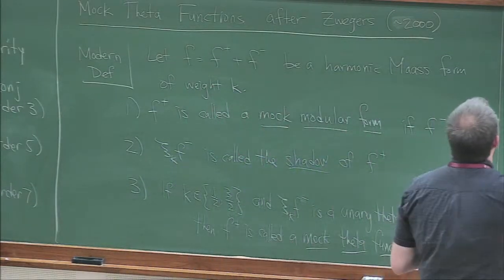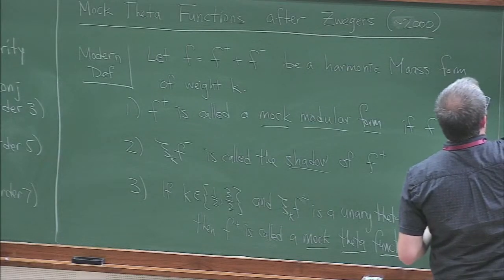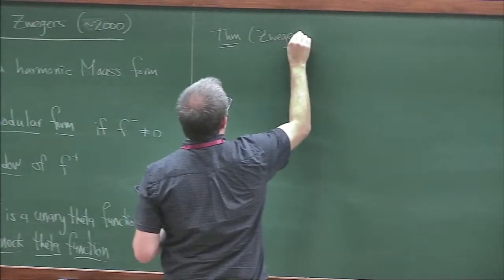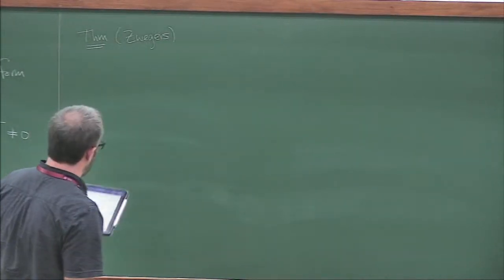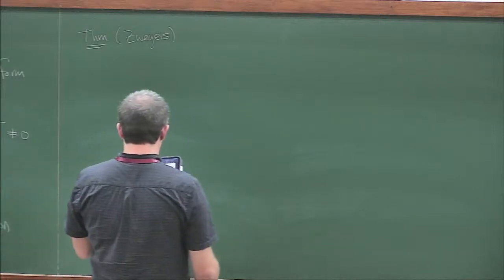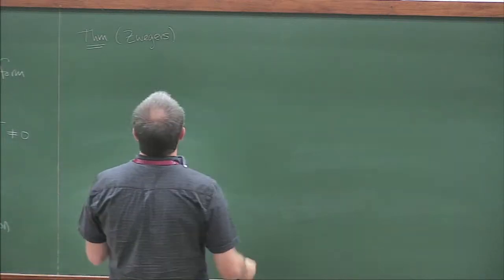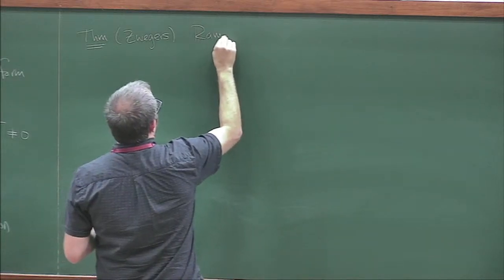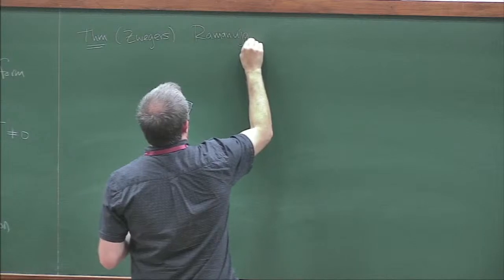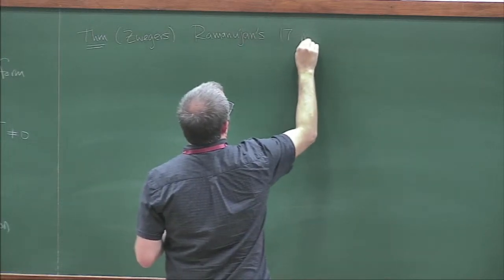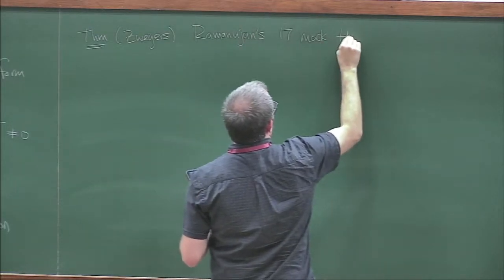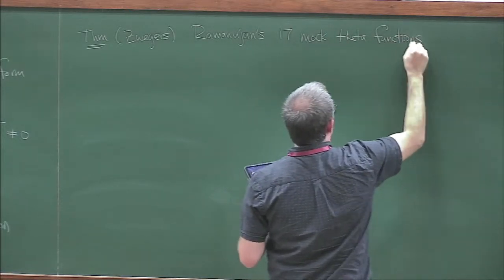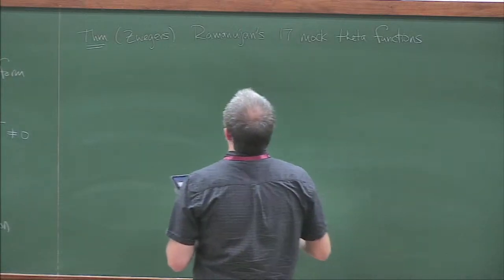Okay, and one of the theorems that Zwegers proved, and I don't know that he ever wrote it down exactly like this, but this follows from what he did: Ramanujan's 17 Mach theta functions satisfy this definition.